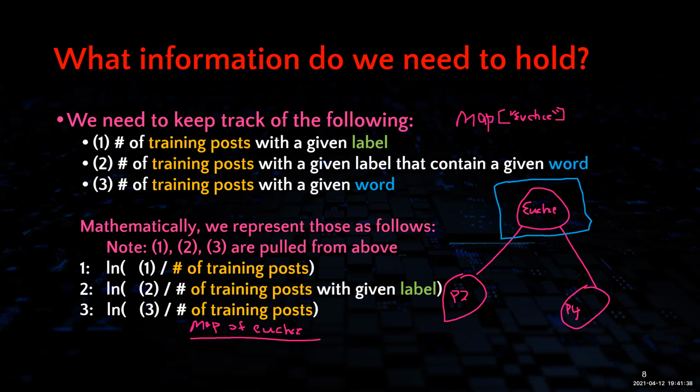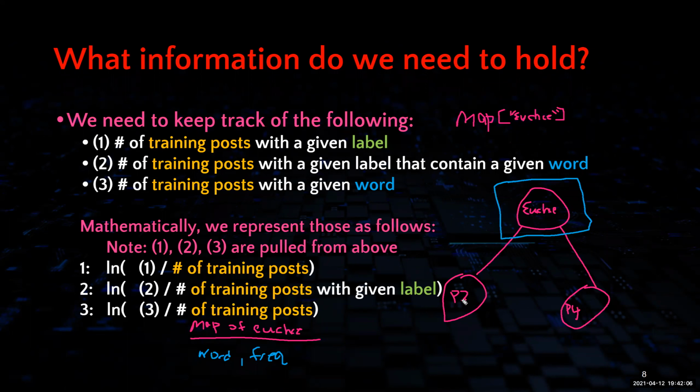And in that map of euchre, I will have the word-frequency pairs. So all of these labels are each their own map within themselves, and we're just choosing what map we want to access. Any questions about that?